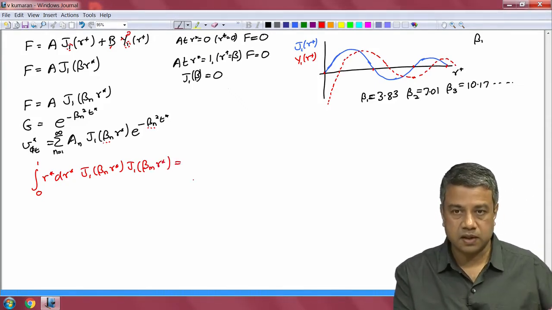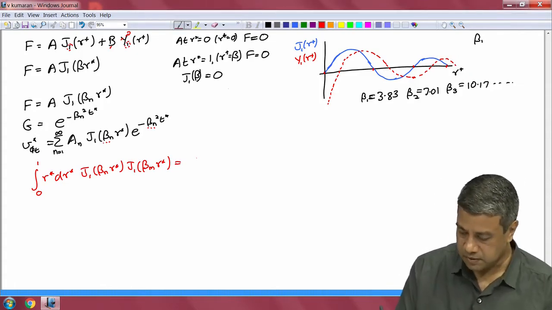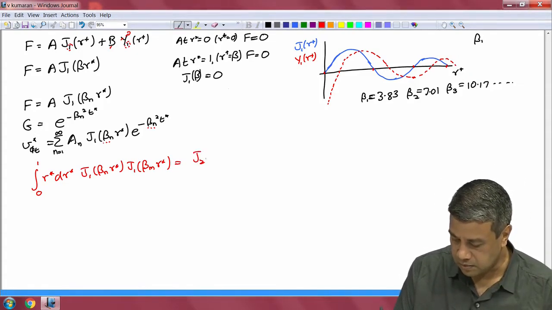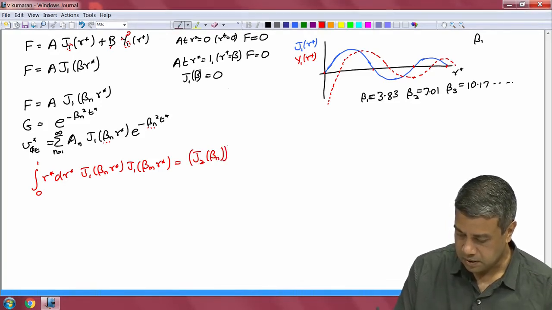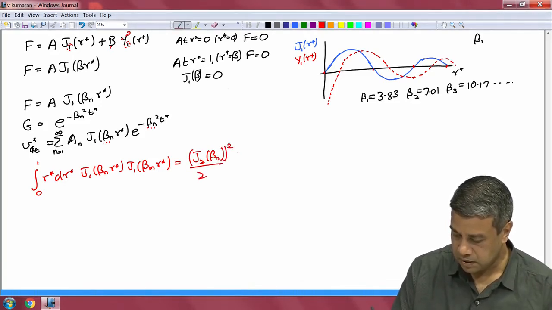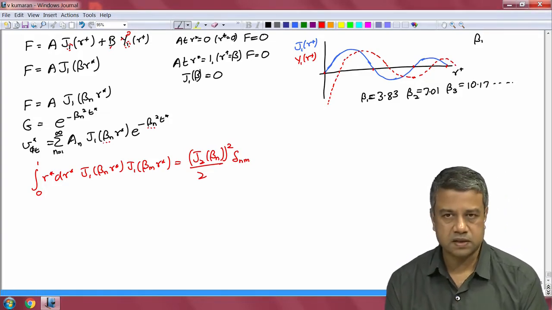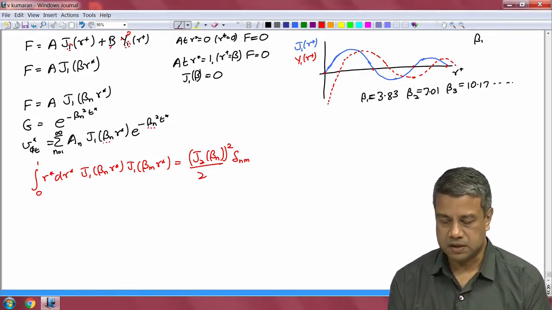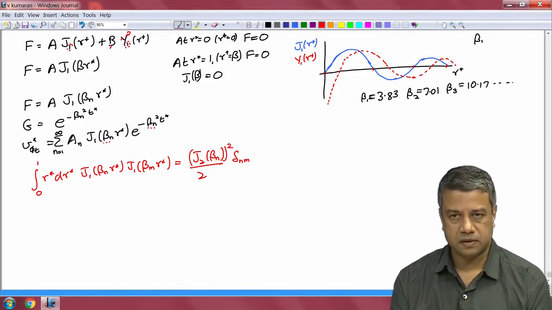You can show that this is 0 if n is not equal to m, and if n is equal to m, this is equal to J2 of beta n the whole square by 2 delta n m. That is, it is non-zero only when n is equal to m, and it is 0 if n is not equal to m.